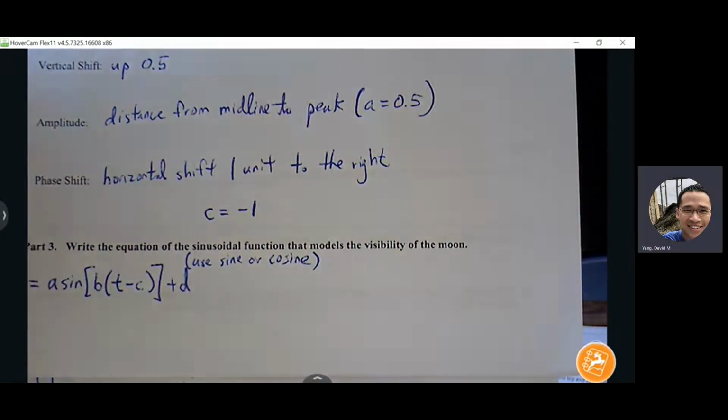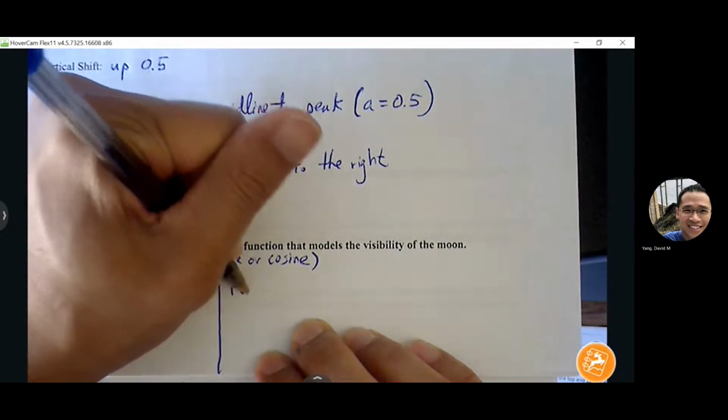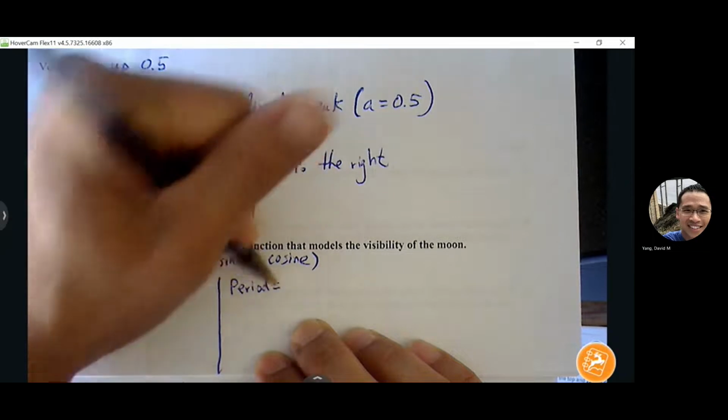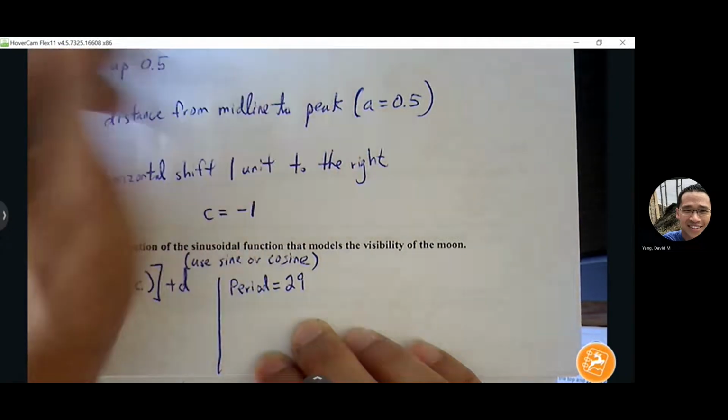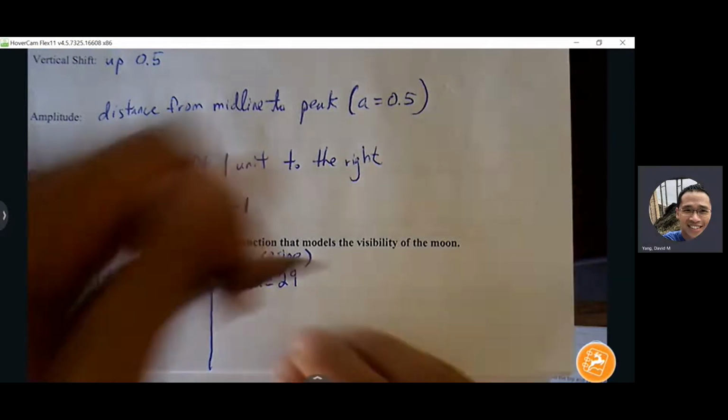I'll spend some time working on that. What's our formula for period? The period is 2 pi over b.